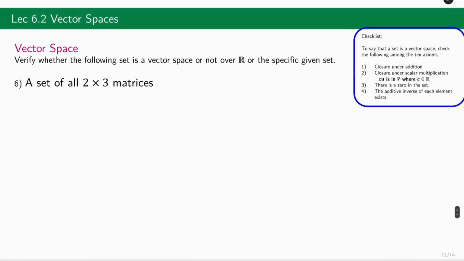Next, let's have the set of all 2x3 matrices. The symbol for this one is script M 2x3.